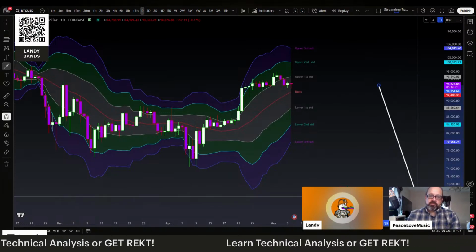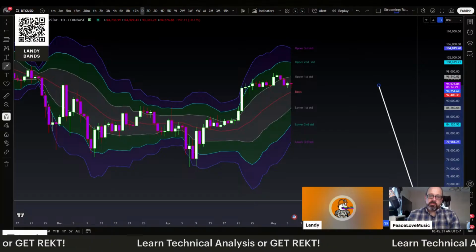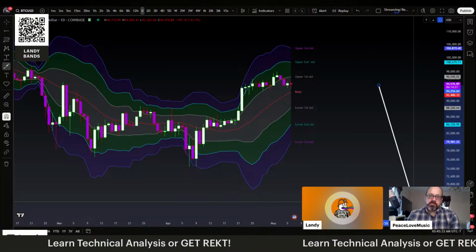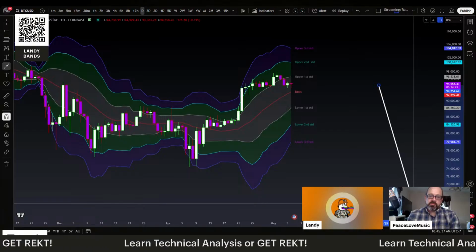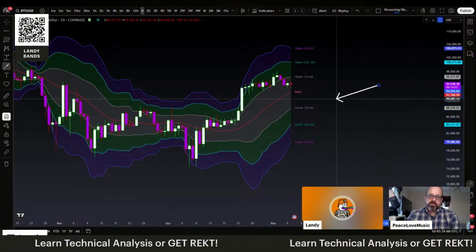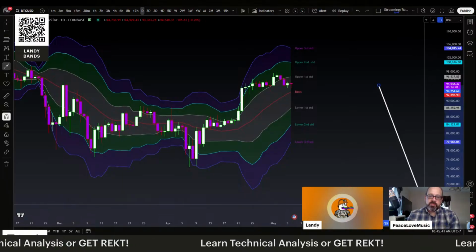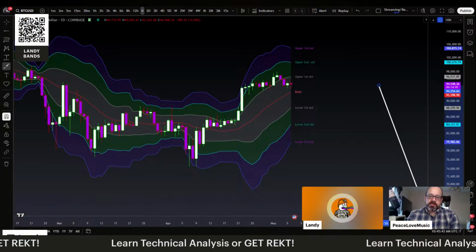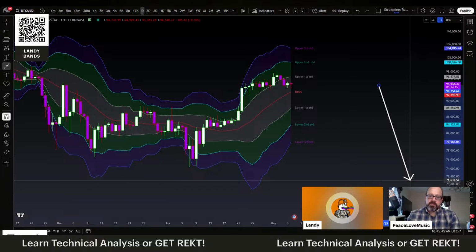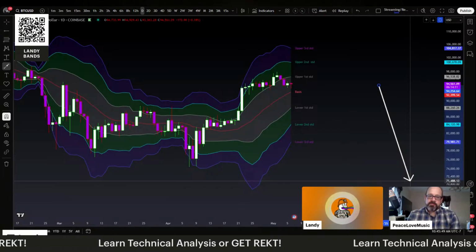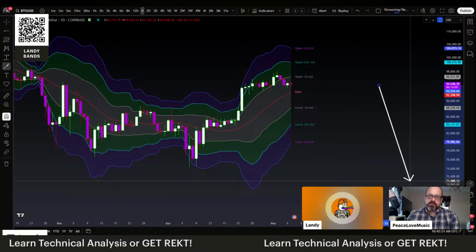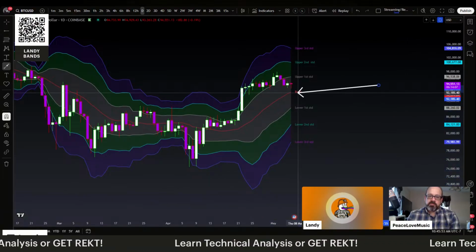Shout out to Caretaker for allowing me to pilfer his code for the BBWP indicator, which is just volatility as it relates to the bands. We can see that this number down here is in the red, meaning that it's under the moving average, which I believe is a 5 simple moving average. But essentially what this means is that volatility is cooling down for price as it relates to the bands.